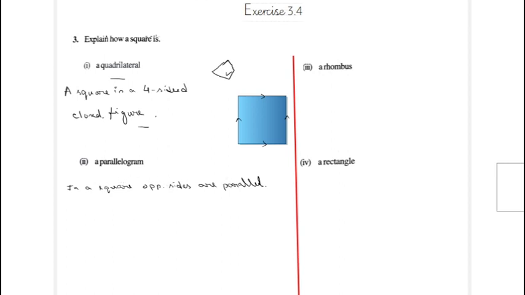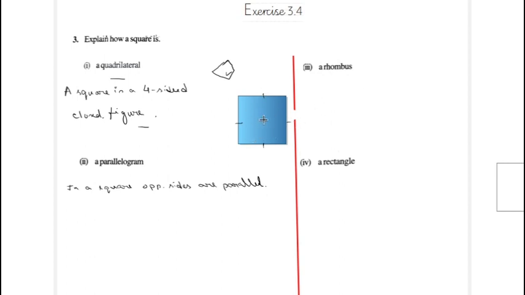Okay, now come to question number 3. A rhombus, that is how a square is a rhombus. Okay, now see, in a square all the sides are of equal measure. Okay, see, all the sides are of equal measure in a square, so that's why a square is a rhombus.